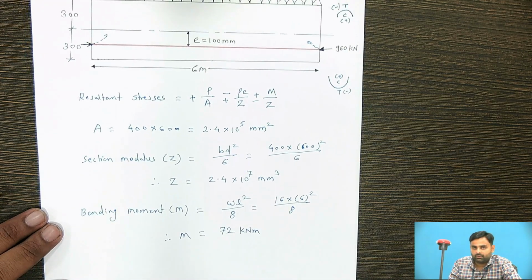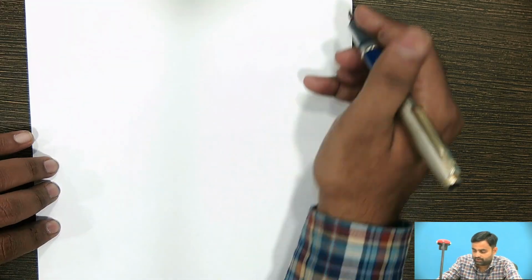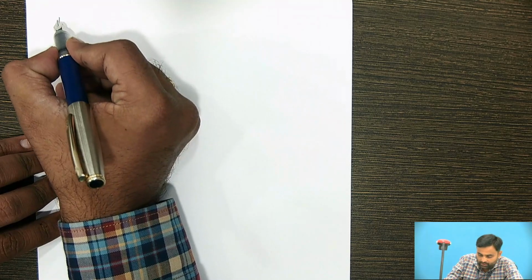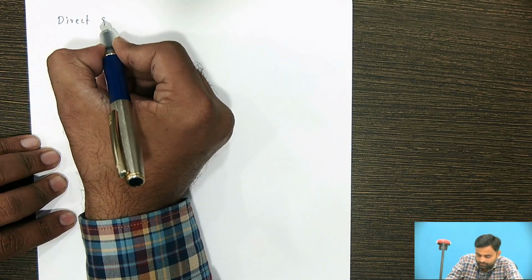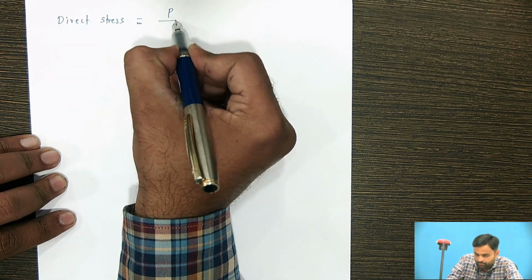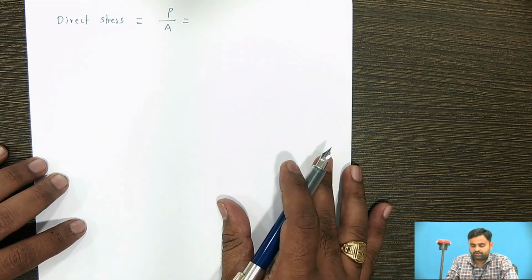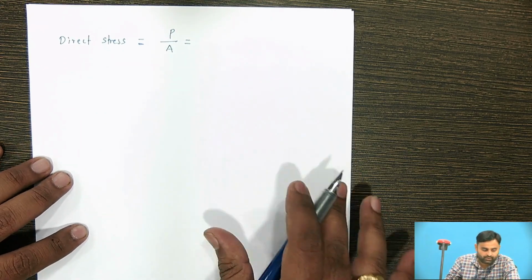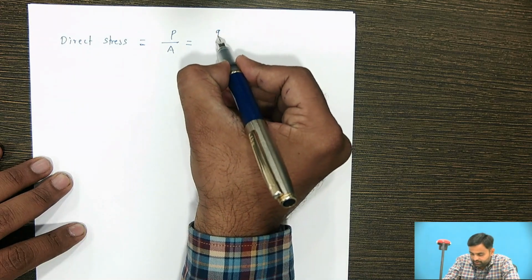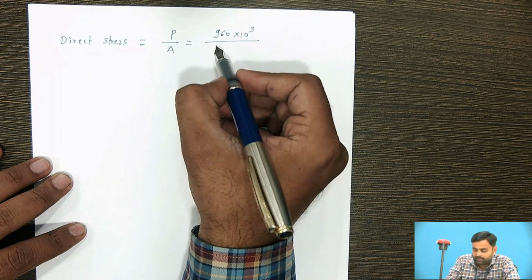Now after this we are going to calculate the direct stress. Direct stress, we know the formula, is P divided by A. The prestressing force is given in the numerical and it is 960 kilonewton. So P is 960 kilonewton converted to Newton by multiplying by 10 raised to 3, divided by area.